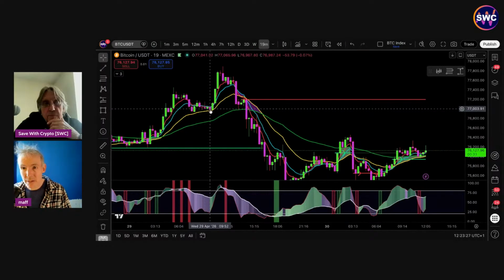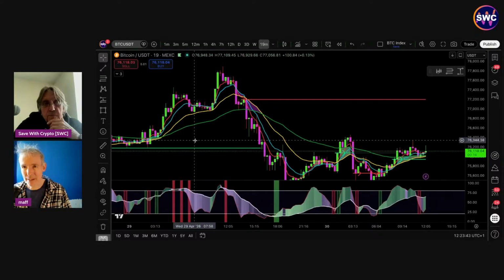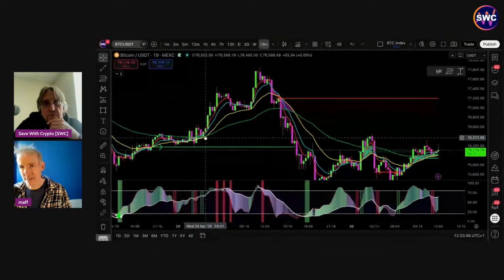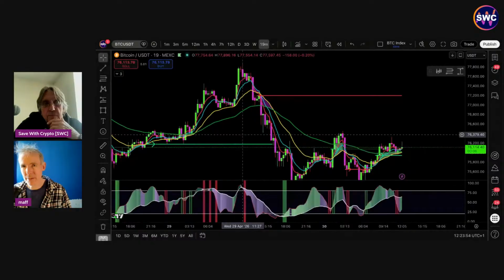But then as soon as it touched the 21, in the same candle it bounced back above the 9, and that's a very positive sign. You see the price action above the 9, touching the 21, which came out to meet it, and in the same candle got back above the 9, and then just shot to the upside, essentially.